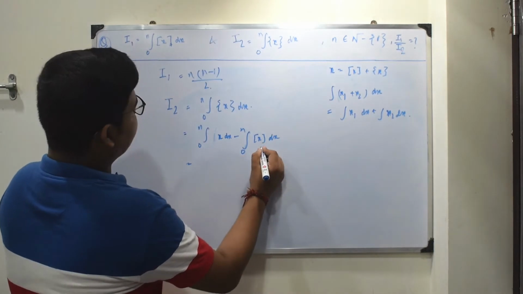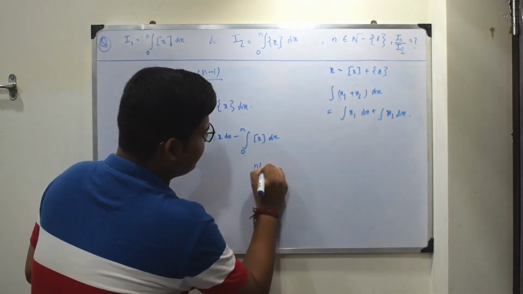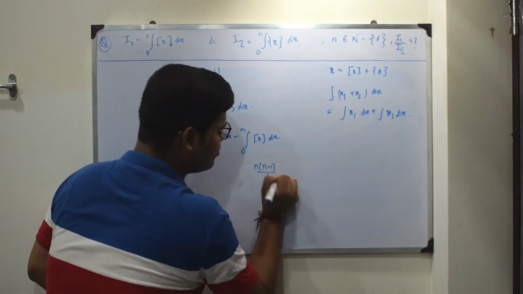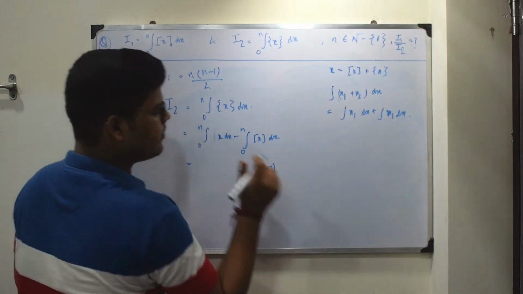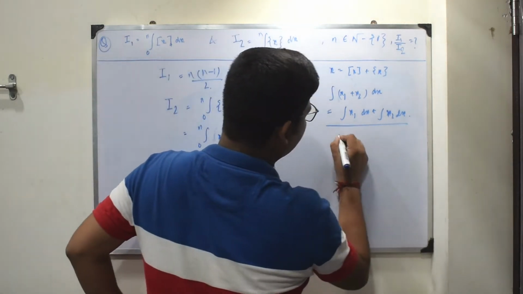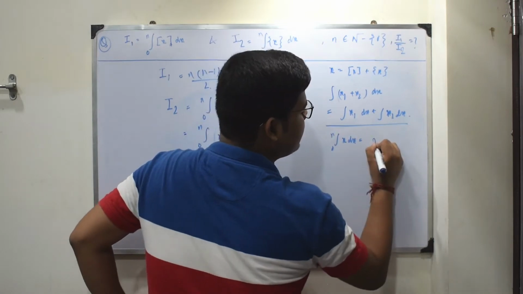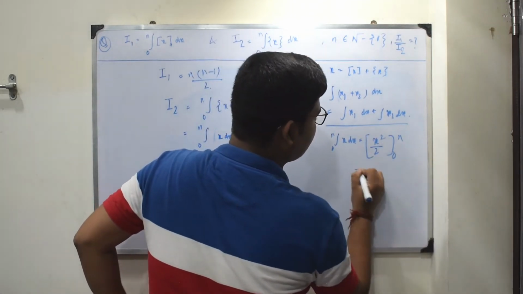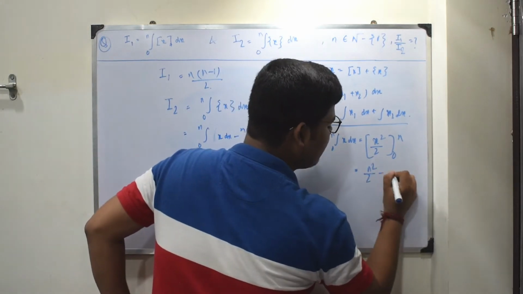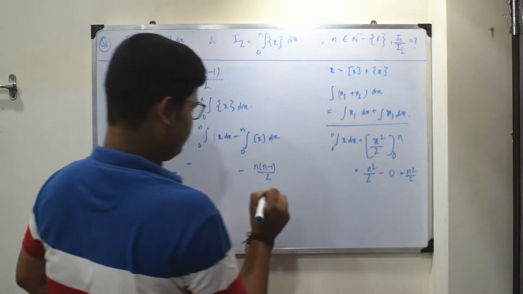Achha. This is just I1, right? We just found its value, which is n times n minus 1 upon 2. And for x, it's x square upon 2. Let me do it here. Integration of x dx from 0 to n is x square upon 2 from 0 to n, or n square upon 2 minus 0, which gives us simply n square upon 2.